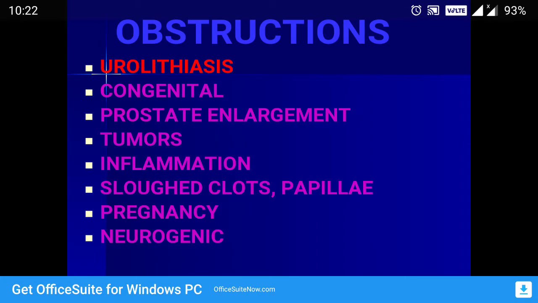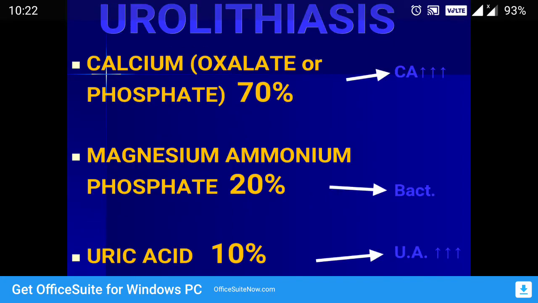Other causes of obstruction are congenital, prostate enlargement, tumors, inflammation, pregnancy, or neurological causes. In urolithiasis, there are mainly three types of renal stones: calcium stones, magnesium stones, and uric acid stones.